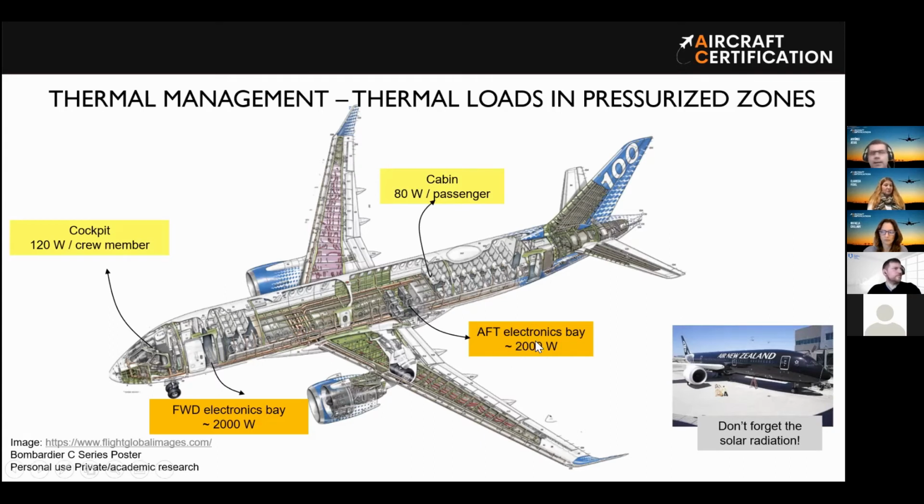And especially when we are on ground operation, we have a lot of solar radiation that we also have to consider. So the consideration of exactly what is the adequate level of airflow and what is the adequate level of temperature to be used will depend on the flight condition that we are considering.